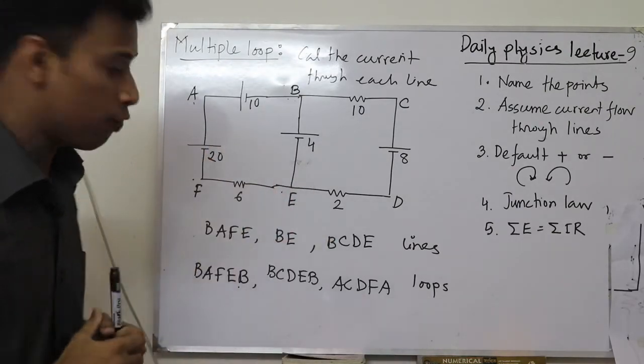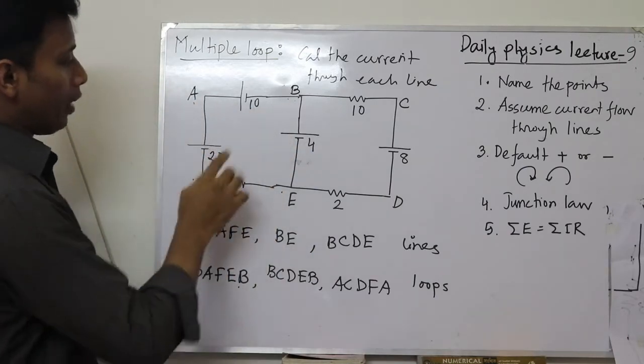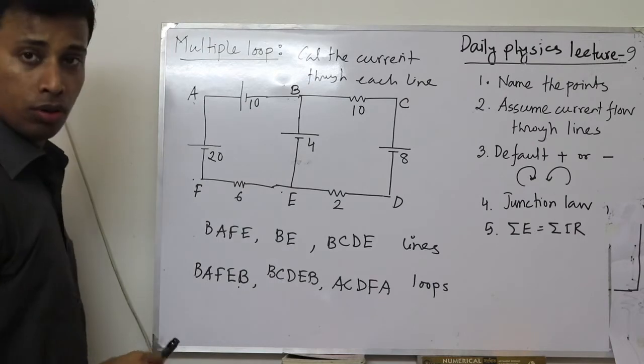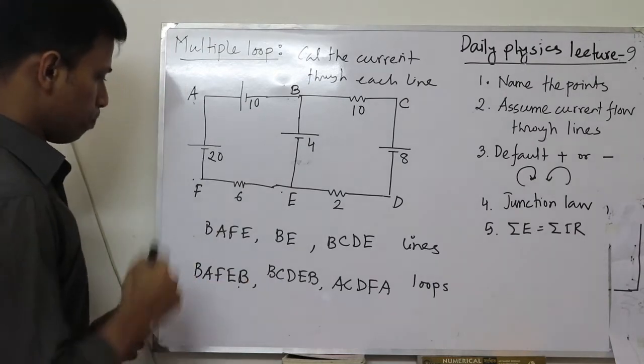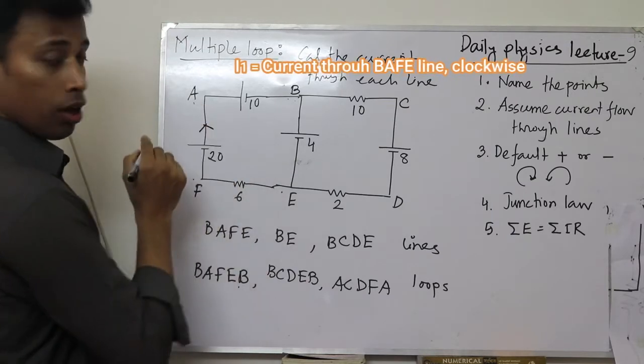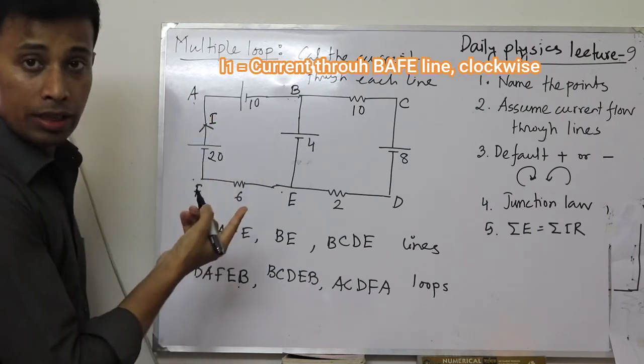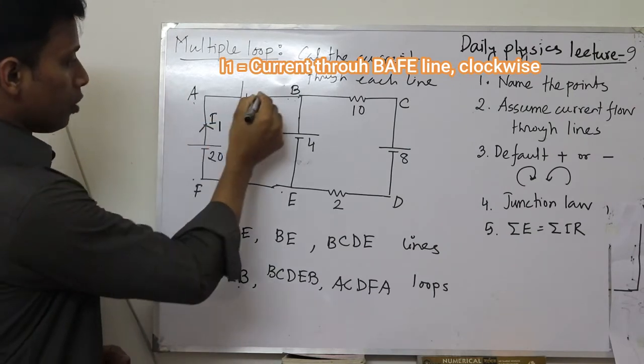So let's start the assumption of current flow. Here, B, A, F, E, this is one line. I assume the direction of current flow as clockwise, and I denote it as I1.